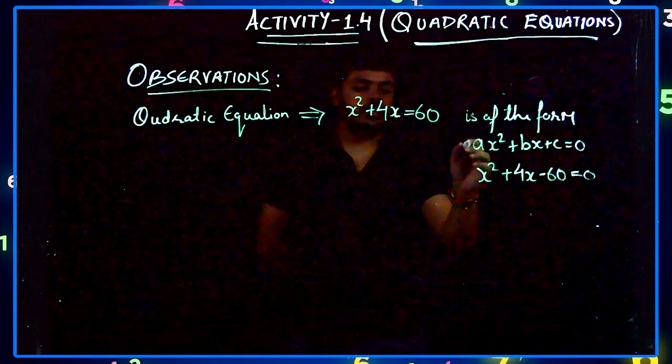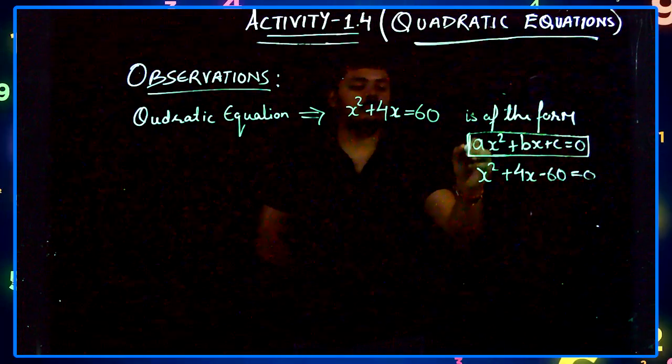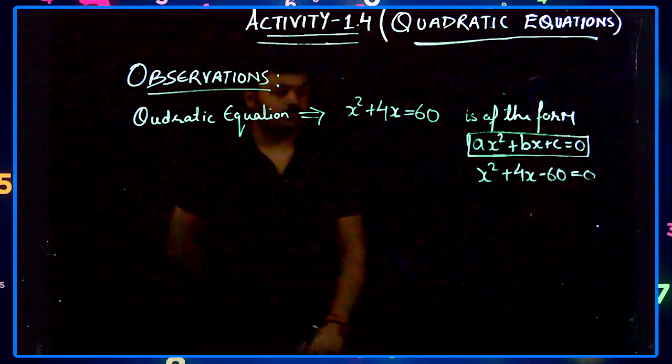So we say that it is of the form ax square plus bx plus c equals to 0. Therefore, it is a quadratic equation.